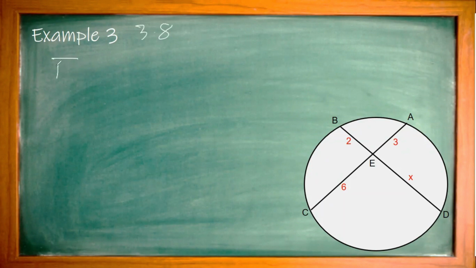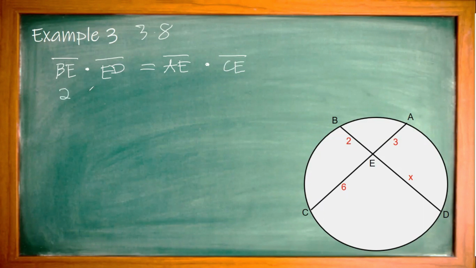So we have the line segment BE. If you get the product of line segment ED is equivalent to line segment AE, which if you multiply that one, it results to CE. Okay, now we will try to multiply.